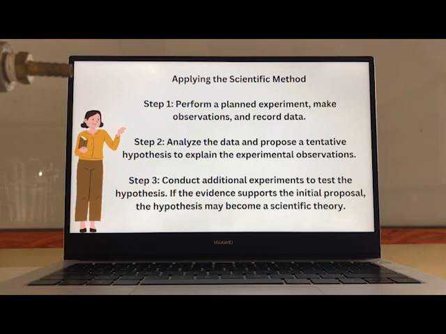Make observations and record data. Step 2, analyze the data and propose a tentative hypothesis to explain the experimental observations. Step 3, conduct additional experiments to test the hypothesis. If the evidence supports the initial proposal, the hypothesis may become a scientific theory.